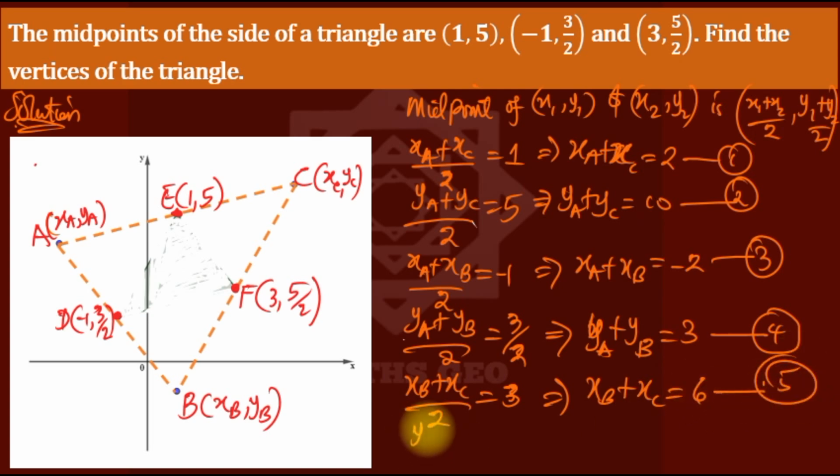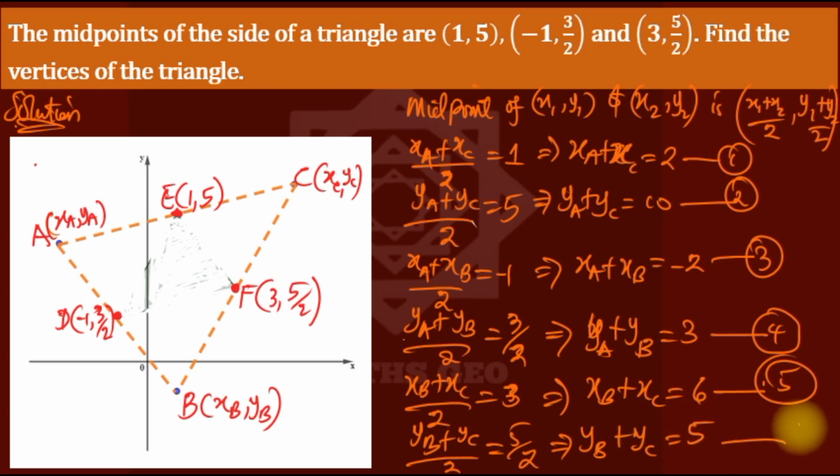Finally, for this one, (YB + YC)/2 must be equal to 5/2, which implies that YB + YC must give us 5, equation 6. So we now use these six equations to solve for the unknowns, which are the coordinates.